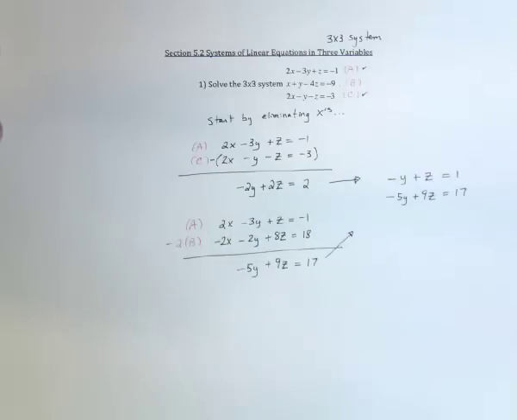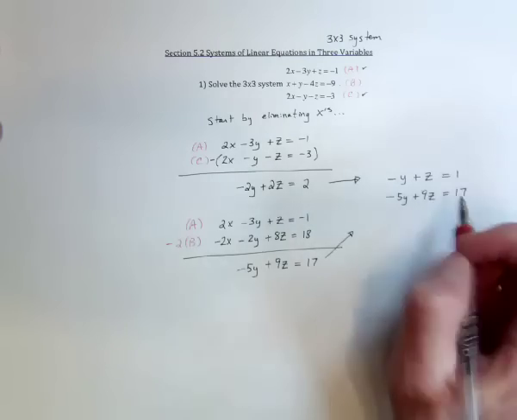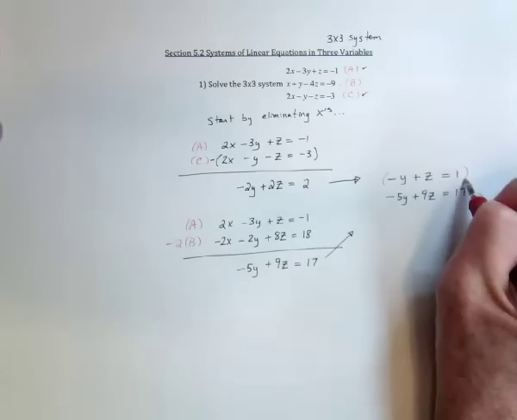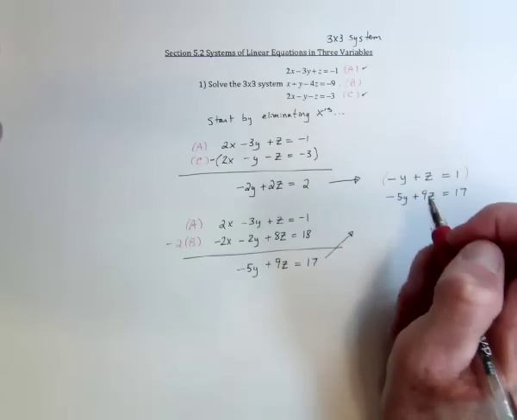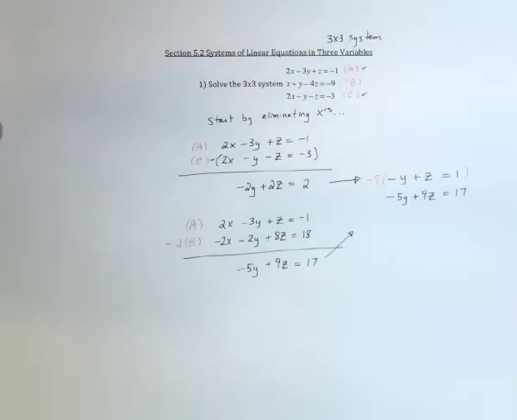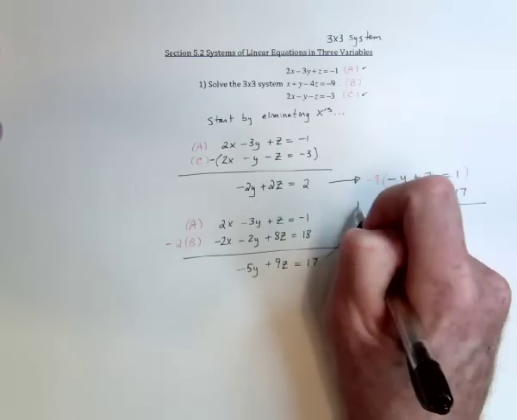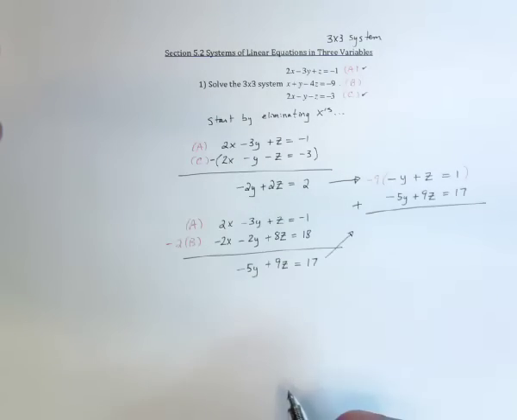And I think that I'll continue using the elimination method. I'll get these z's to eliminate. So multiply this equation by a negative 9, and that will get the z's to be eliminated. Combine like terms.